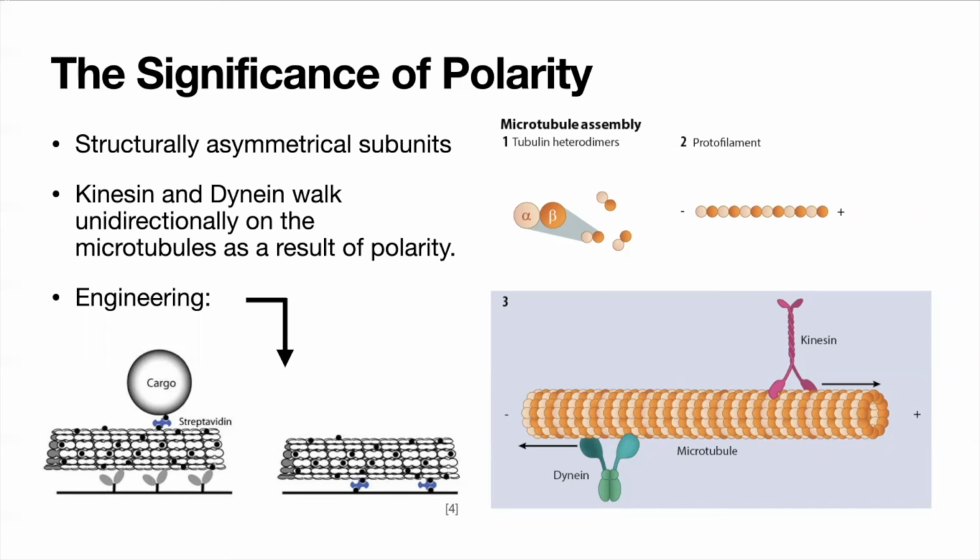It also has some engineering implications. We can attach cargoes to the motor proteins and let them walk on the microtubules to do some transportation. We can also fix the motors and let the microtubules walk, doing it in the reverse way. We have just mentioned that the experiments in the lateral directions and the lateral stiffness set a limit for the weight and the amount of cargoes that we can attach to the motors.